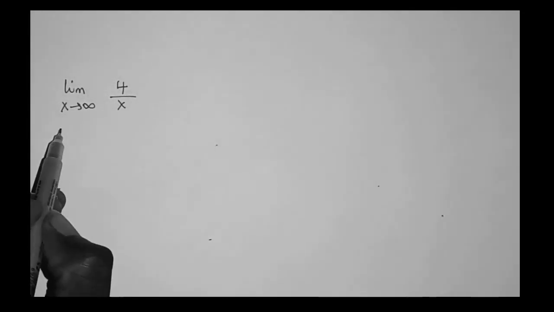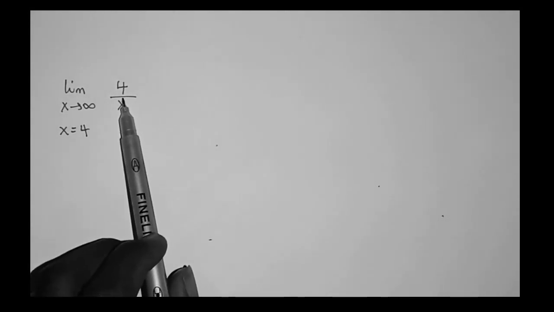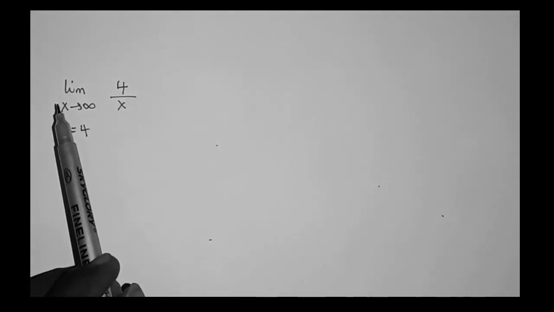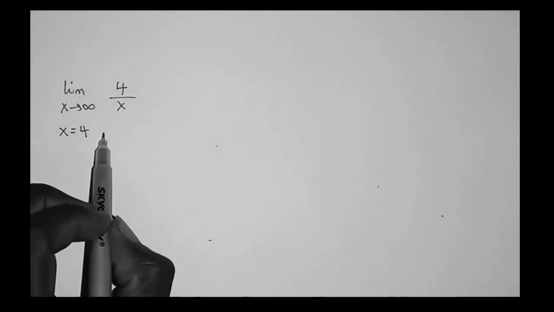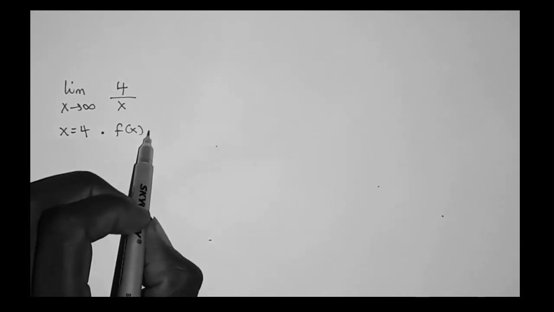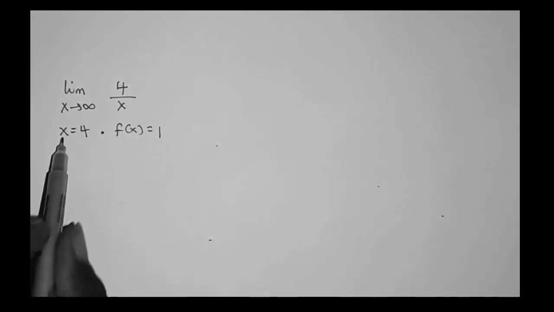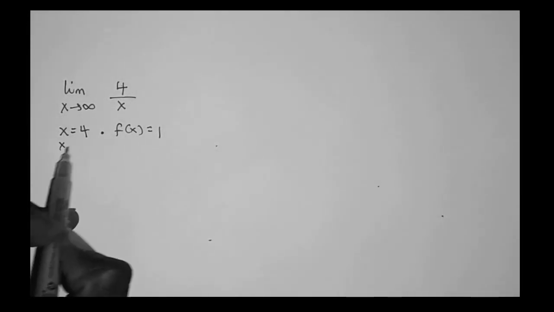So now, how do we find this limit? Let's assume that x is equal to 4. If we put 4 in this, it becomes 4 divided by 4, which is f of x. So f of x is equal to 1 in that situation. Now, what about if x is equal to 8?